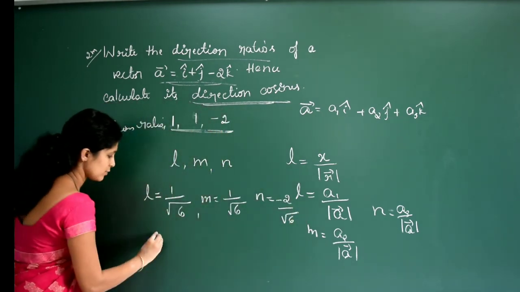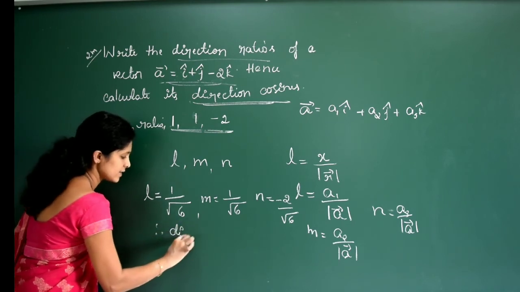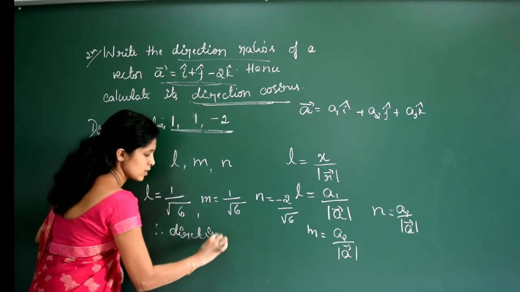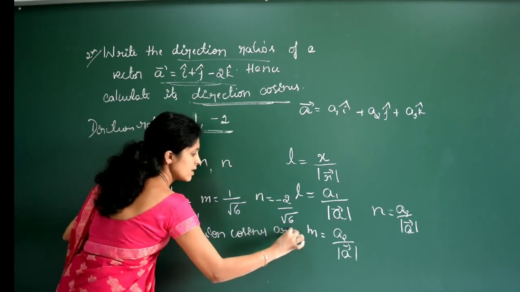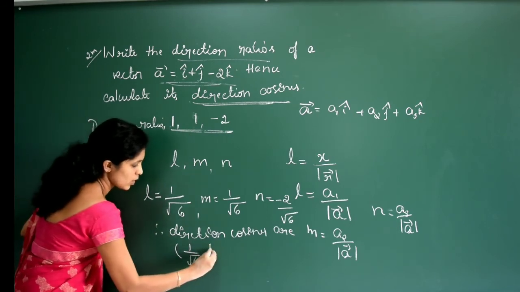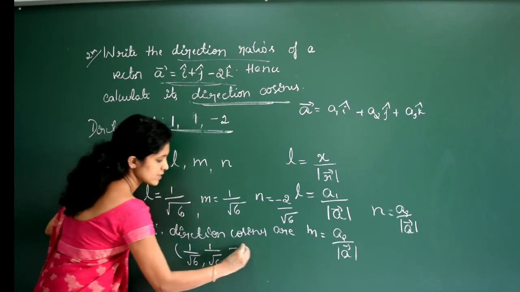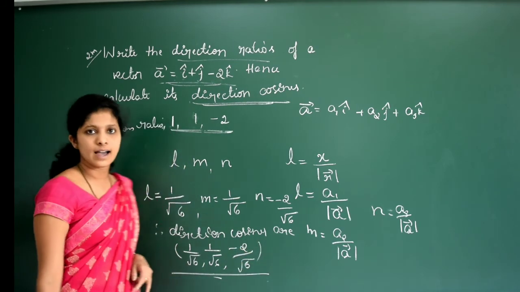Is it clear? So finally, therefore direction cosines are the ordered triplet, that is 1 by root 6, comma, 1 by root 6, and minus 2 by root 6. So this should be the final answer.